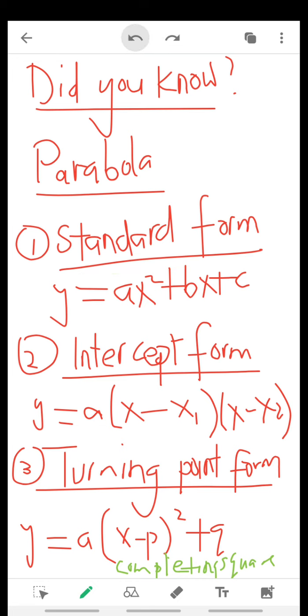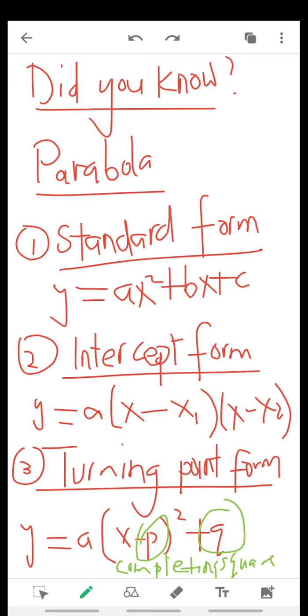With the intercept form, we will be giving you two x-intercepts and another point that lies on the function, so that you can find a. Then with the turning point form, we'll give you the turning point, which is represented by the coordinates (p, q).